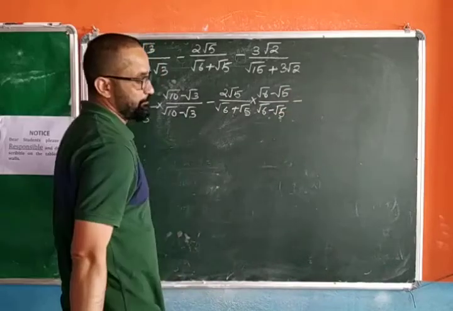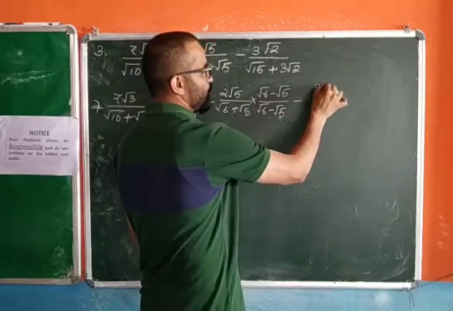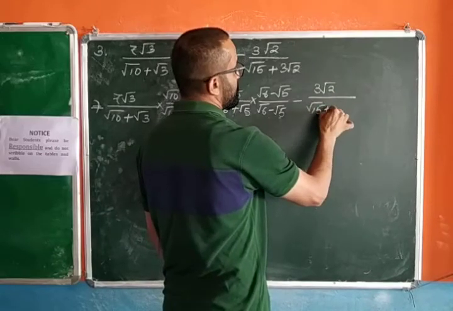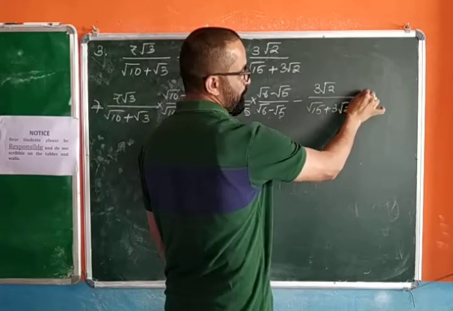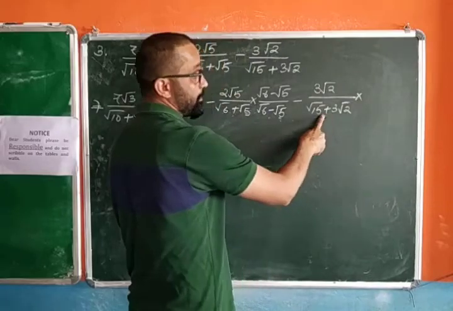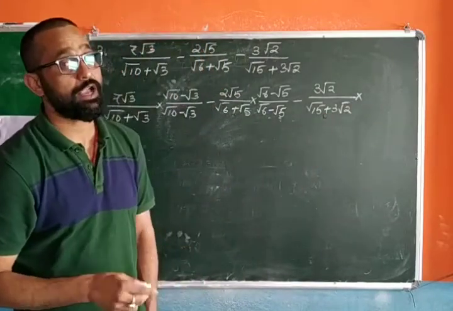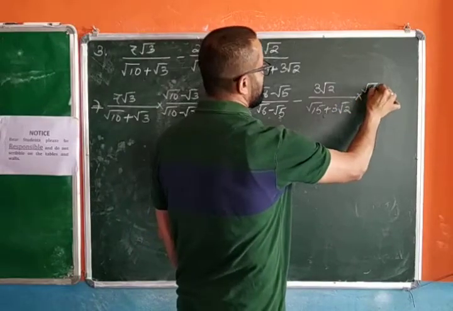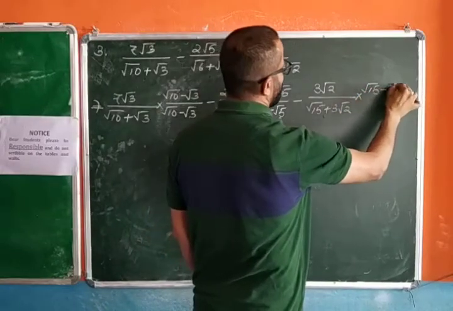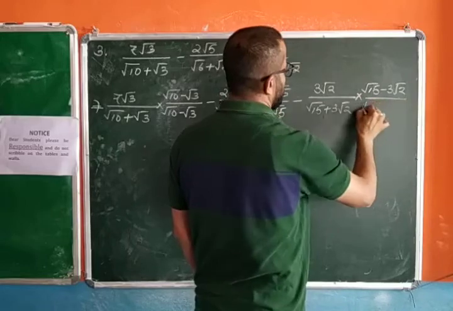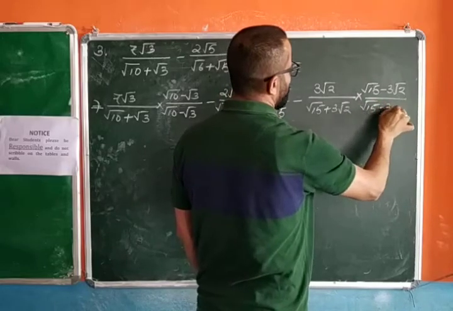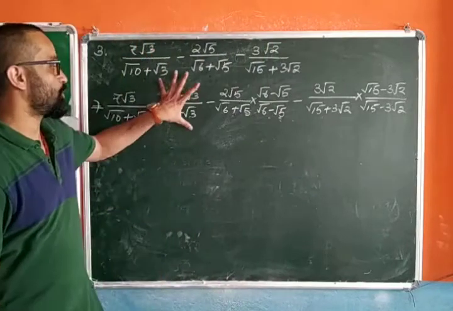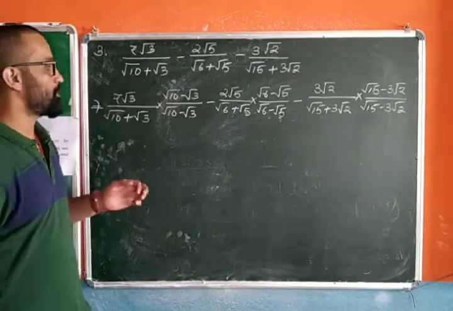Minus 3√2 over (√15 + 3√2): plus sign at the denominator, so the rationalizing factor is minus, (√15 − 3√2) over (√15 − 3√2).